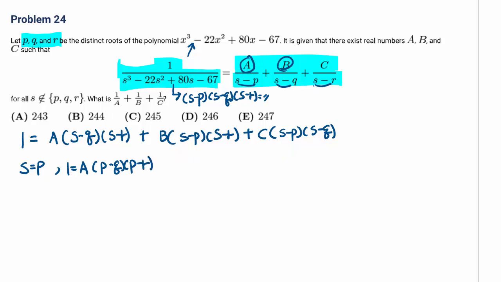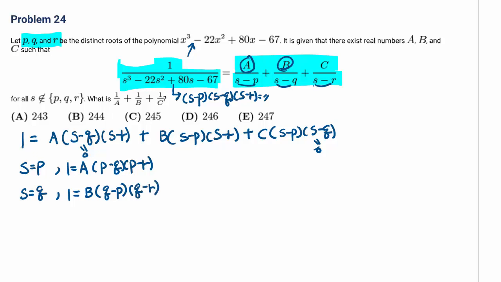If s is q, this will be 0, since q minus q is 0, and also q minus q is 0 over here. So we get 1 equals B times (q minus p)(q minus r).